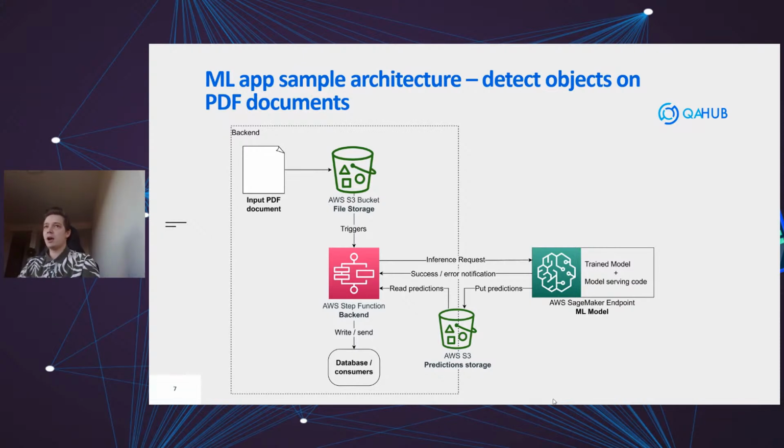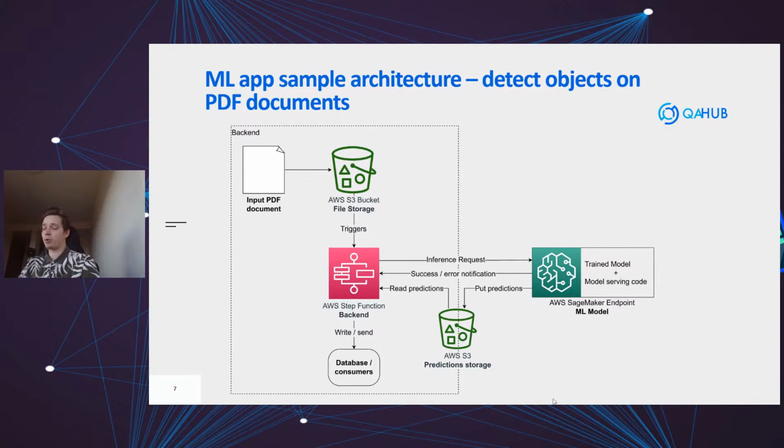In our case, let's simplify and say it just converts PDF documents to a bunch of images, because models don't work with PDFs, they work with images. So we convert each page to an image, and then for each page, the backend sends an inference request to the ML endpoint.